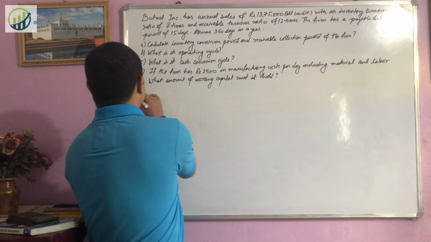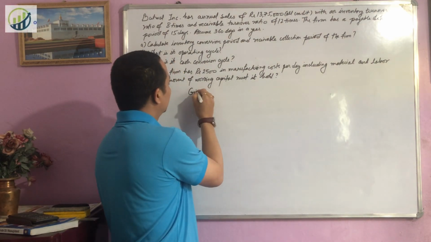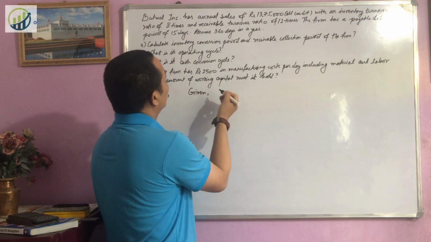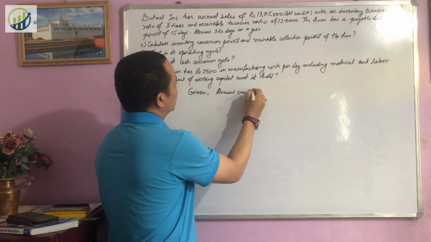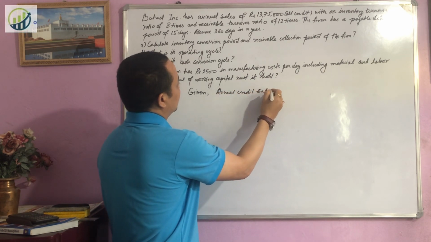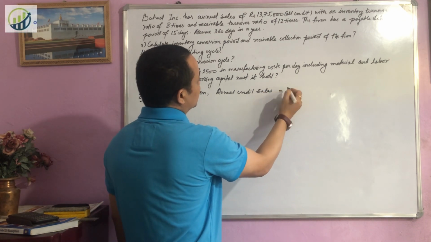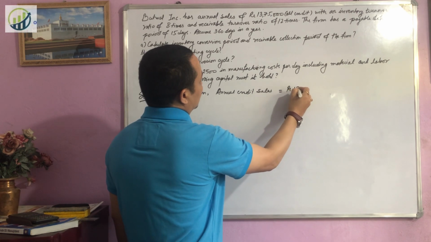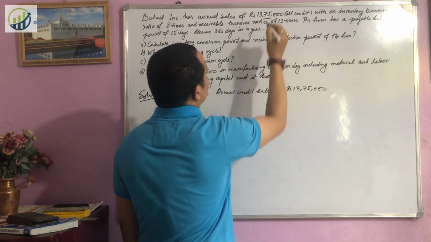So here now solution. Let's first write the given. Given: annual credit sales, this is rupees 13,75,000, which is all credit.